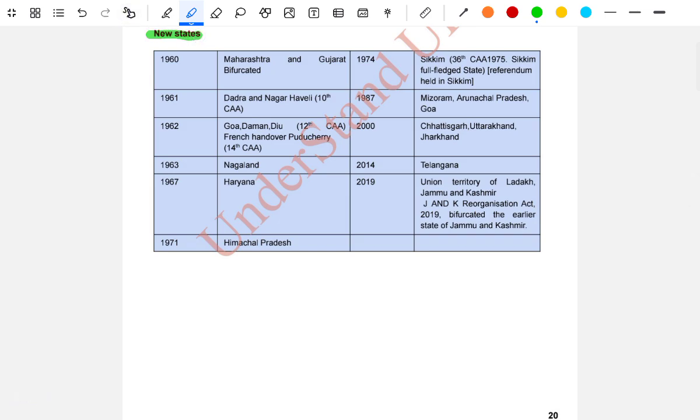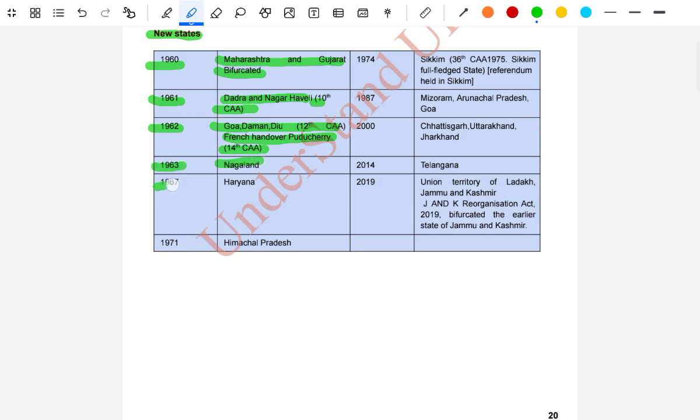New states: 1960, Maharashtra and Gujarat bifurcated. 1961, Dadra and Nagar Haveli, 10th Constitutional Amendment Act. 1962, Goa, Daman and Diu; the 12th Constitutional Amendment Act. French handed over Pondicherry, 14th Constitutional Amendment Act 1963.